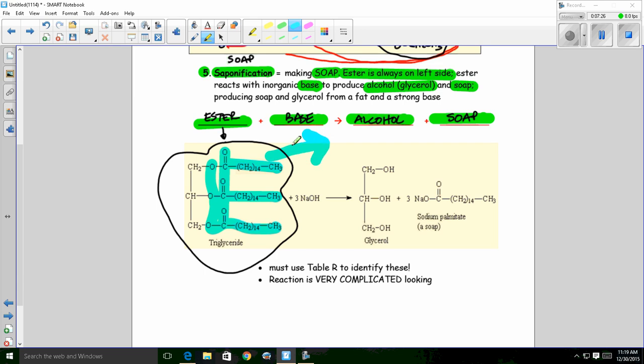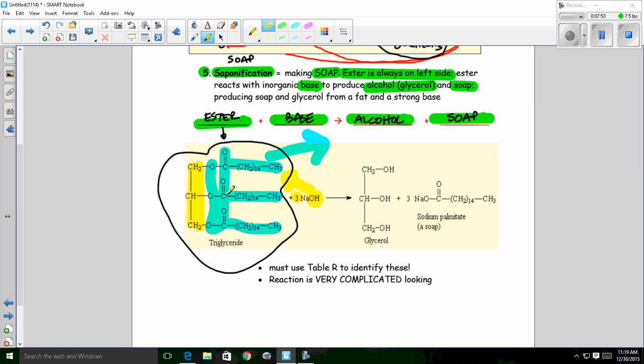I'll show you where it goes, which is going to leave behind the CH2, the CH, and the CH2 itself. So this is going to be left behind here. And what's going to happen here with the base is that the OH, three of them, is going to replace this large mess here.